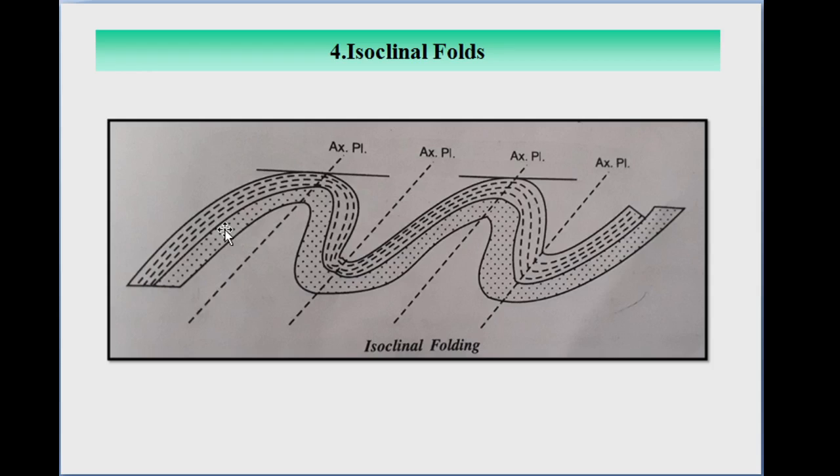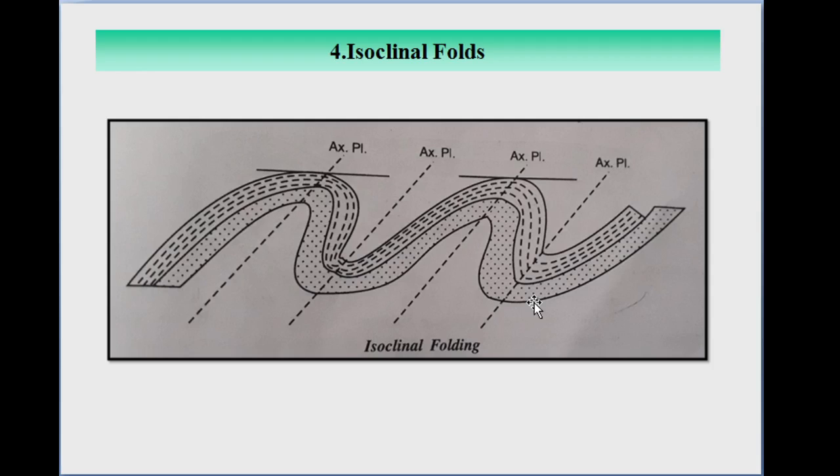In the figure you can see groups of folds. Isoclinal folds are groups of folds in which all the axial planes are essentially parallel. The axial planes of each of these folds are parallel, meaning the component limbs are dipping in equal amount. Here the two limbs of each of these folds are dipping in equal amount. There may be a series of anticlines or synclines.